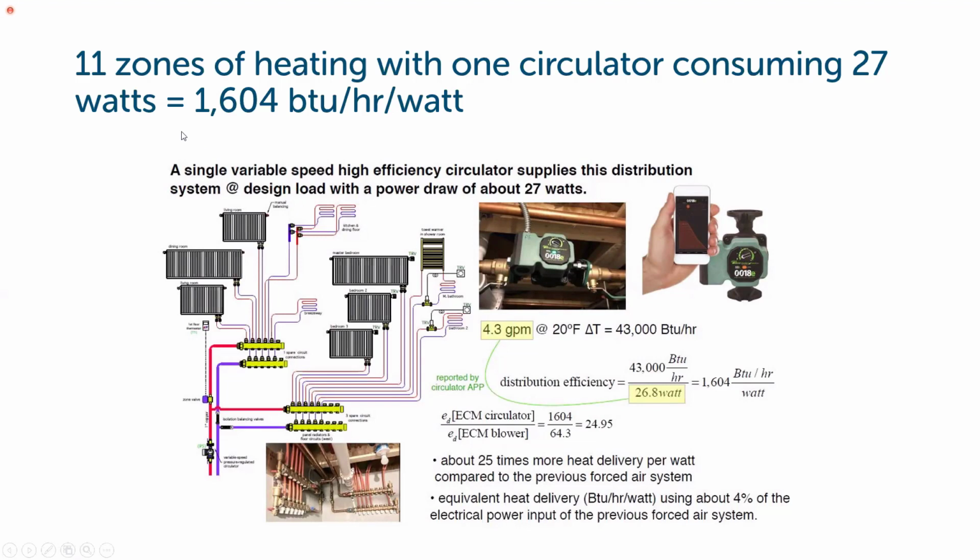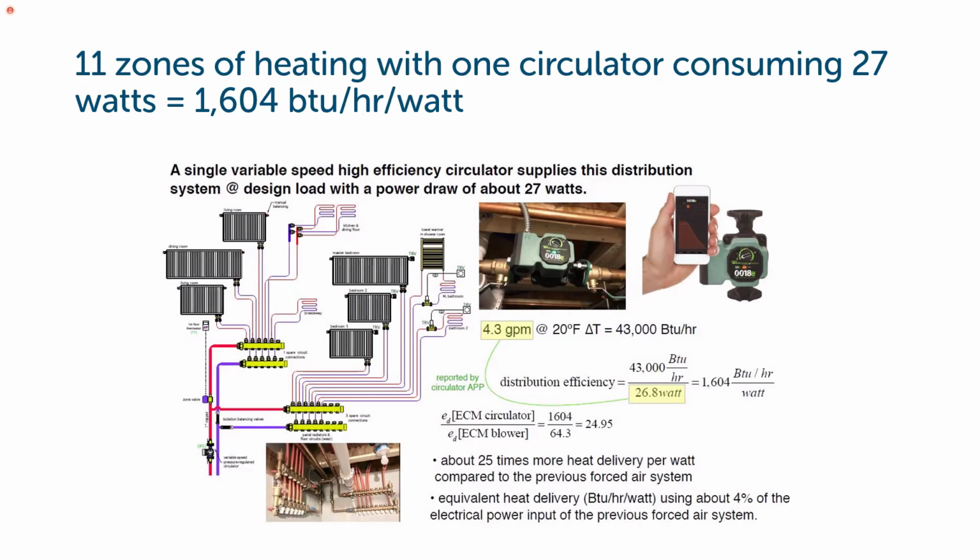At this point, you're getting 11 zones of heating here, consuming 27 watts of energy, delivering 1,600 BTUs per hour per watt consumed. That's all that single circulator is using to deliver that amount of heat throughout the building. So overall end energy use is significantly less than what you can see with forced air systems.